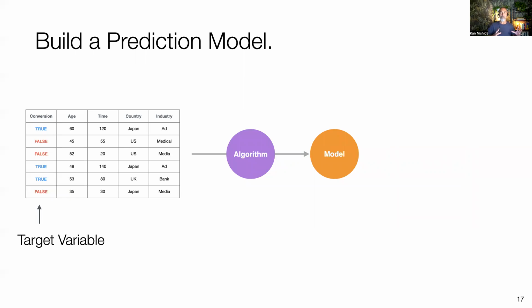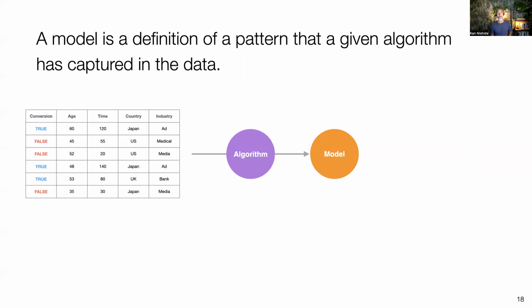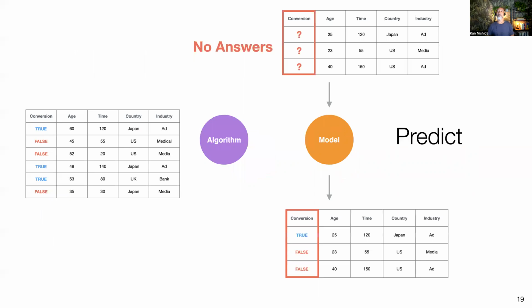So a graphical way of showing this is, let's build a model. That means you have the data that we saw, and then we feed the data to the algorithm. The algorithm identifies or recognizes the patterns in the data. And then based on that, it will build the model. Can be a formula, can be a set of rules. And then once you build a model, you can feed data that doesn't have the answers yet into the model.